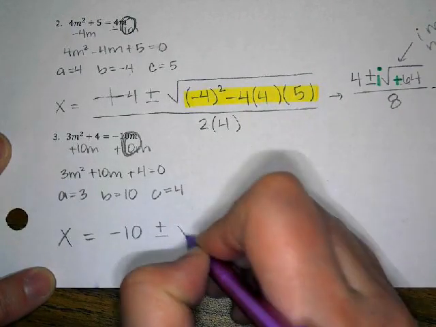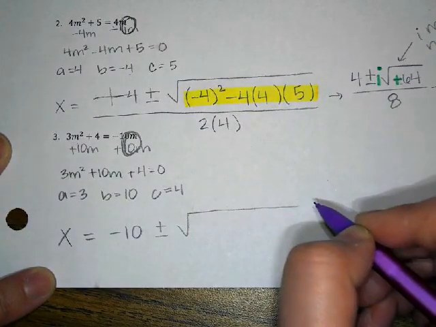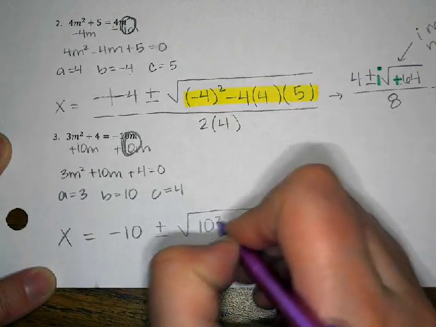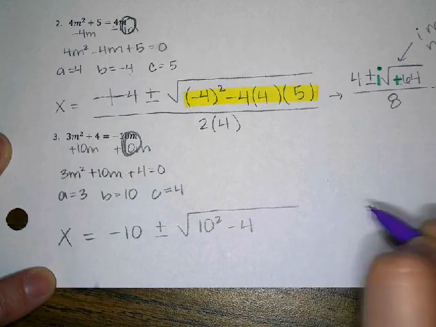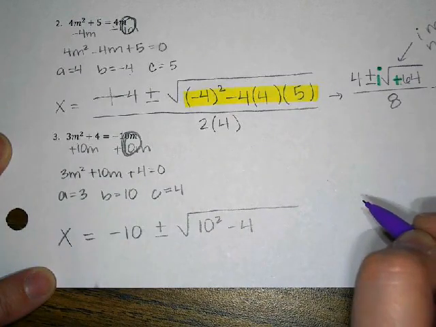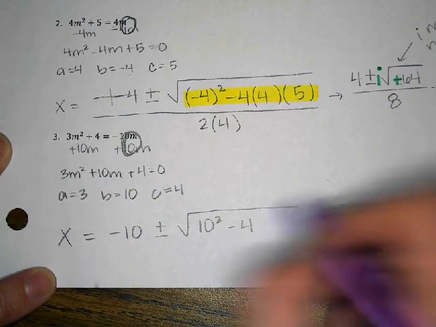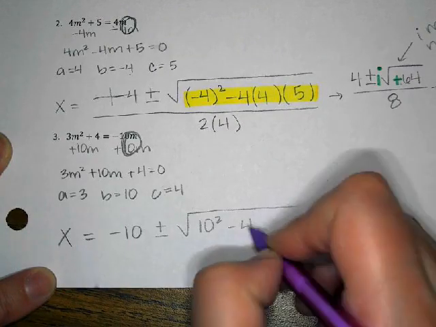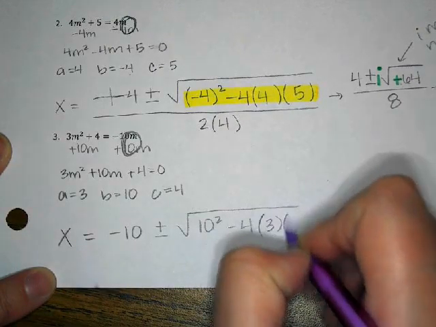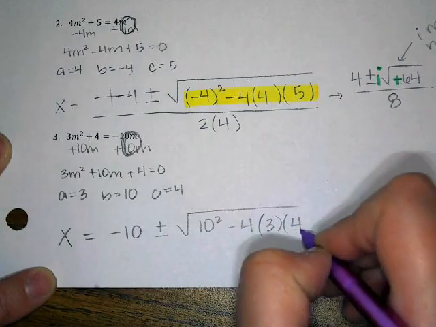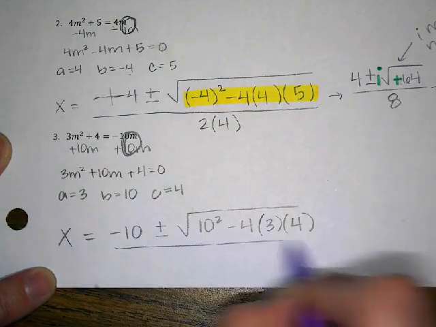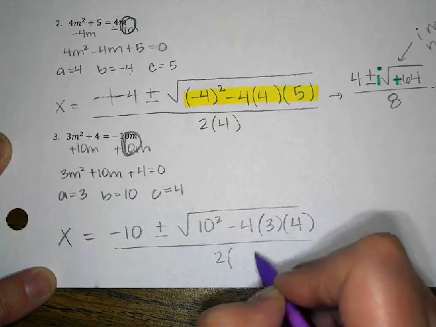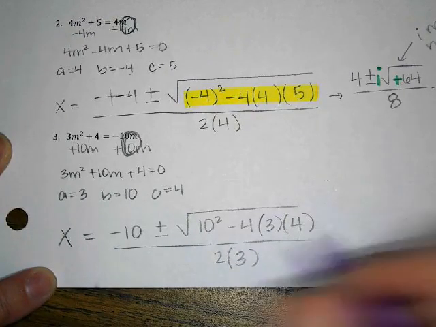It's what you just said. 10 squared. Minus 4, and then what comes next? Times A, which is 3. Times C, which is 4. All of that divided by 2 times A, which is 3. Perfect.